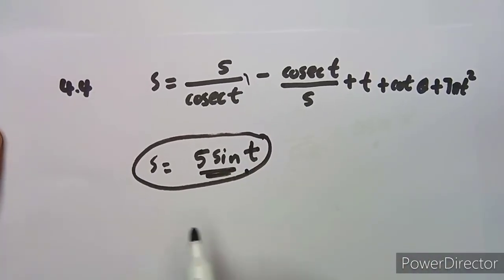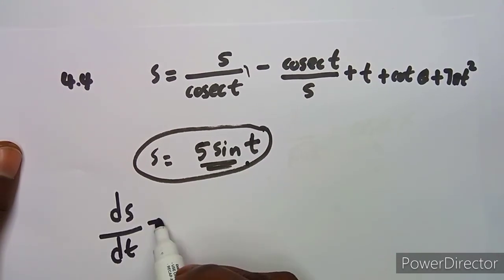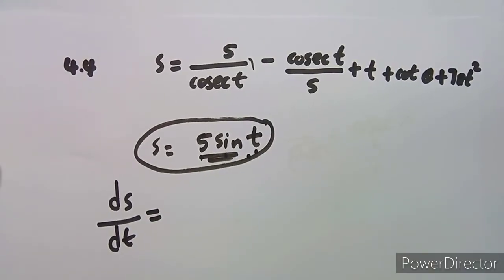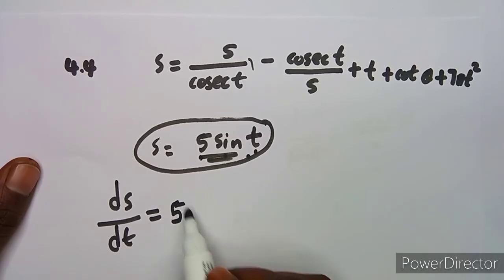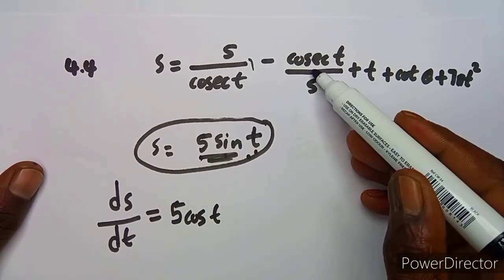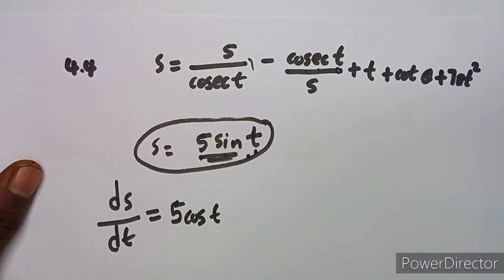If we rewrite, then what is going to be our ds dt from this 5 sine t? So remember, the derivative of sine, guys, is cos. So it's going to be 5 cos t. All right. Then we have got cosec t. Remember the derivative of cosec, guys. Cosec x, it's minus cosec cot.